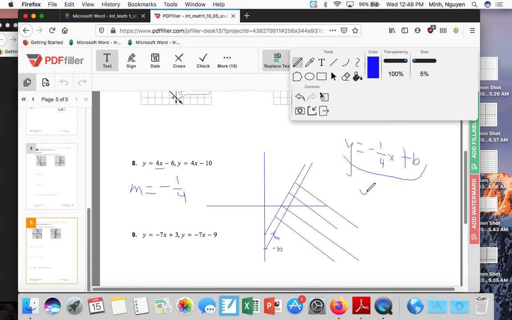So y equals negative 1/4 times 0 plus b.